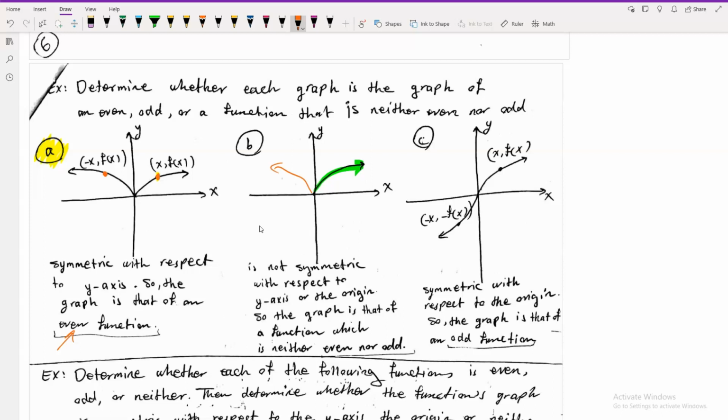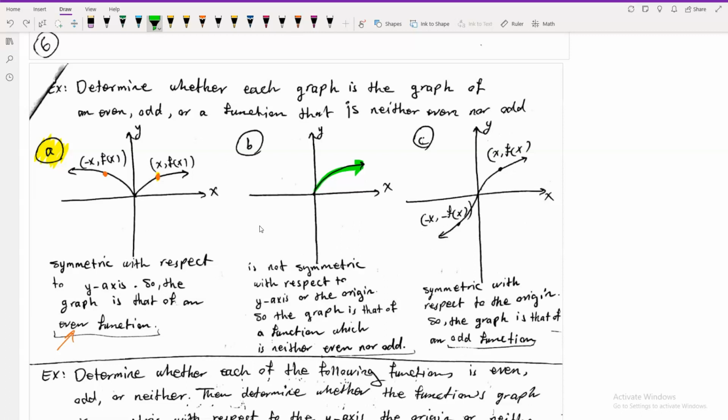So I cannot say that this is symmetric with respect to the y-axis. And also I don't have anything here on this part. If I had this, I could say that it is symmetric with respect to the origin, but I do not. So this means the graph that we have here is neither even nor odd.